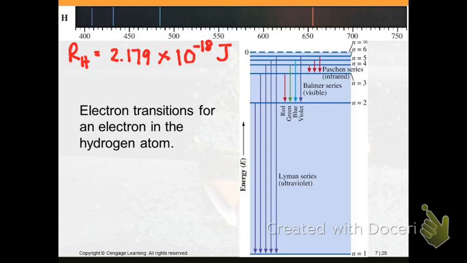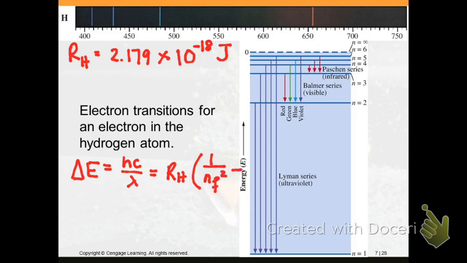We also learned that the energy change associated with the transition, which by the way we know is equal to hc over lambda, is also equal to Rydberg's constant times 1 over the final value of n squared minus 1 over the initial value of n squared.